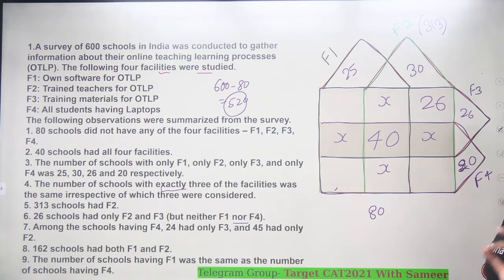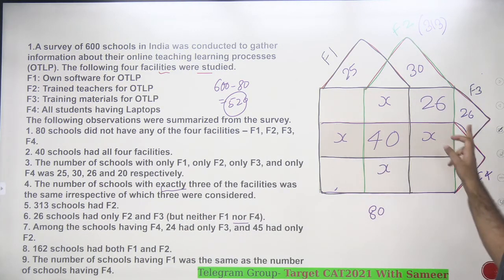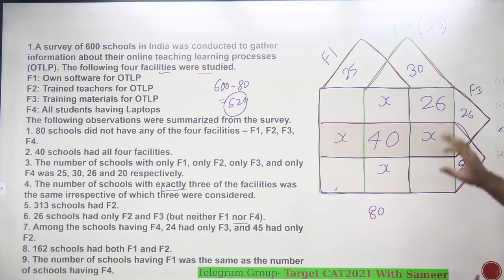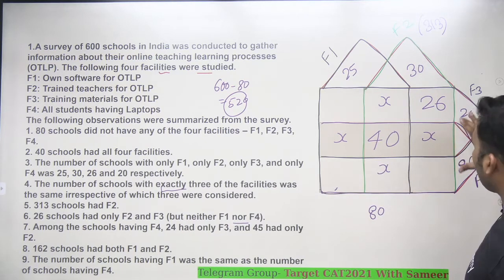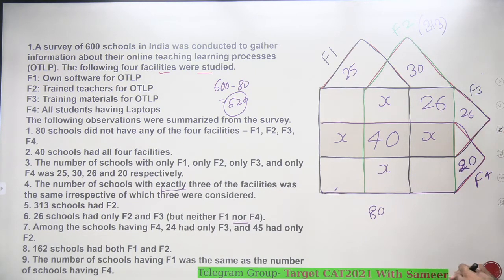That means F3 and F4 only are 24, the intersection of F4 and F3. So this value will be equal to 24. F4 and F3 only will be 24.